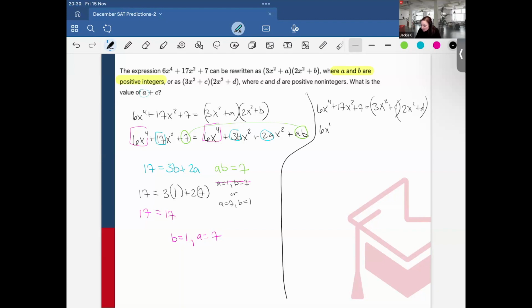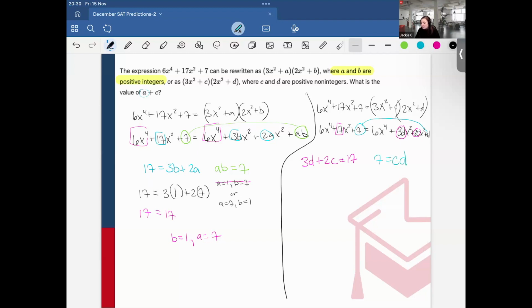Okay, so expanding the brackets, again we would have 6x to the fourth, and then 3d x squared plus 2c x squared plus cd. I ran out of space. But anyways, I can see again that 3d plus 2c, you see how I'm using the coefficients in front of the x squares, is equal to 17. And also the 7 here would be equal to c times d.